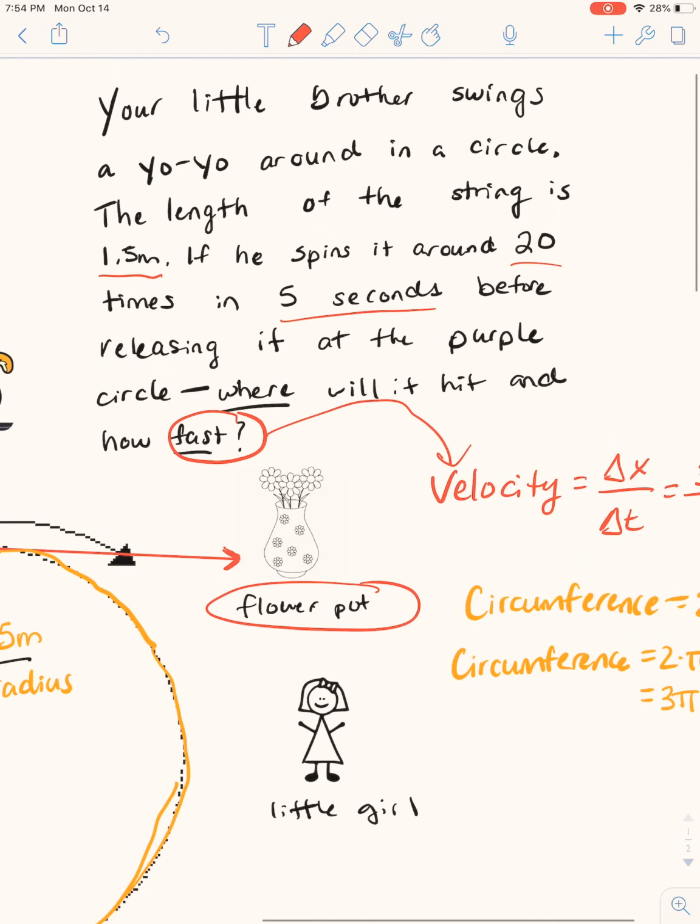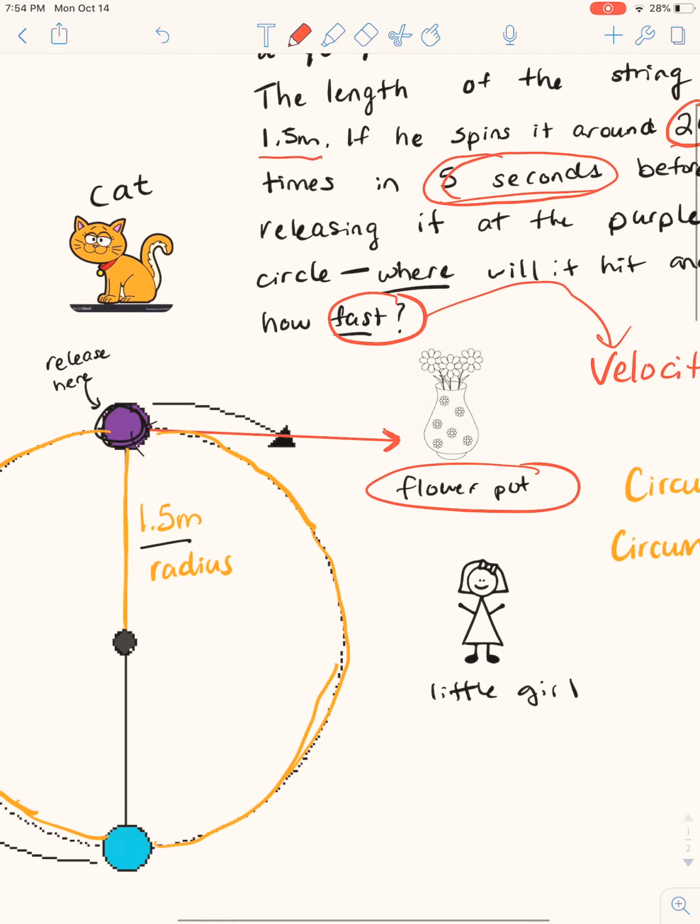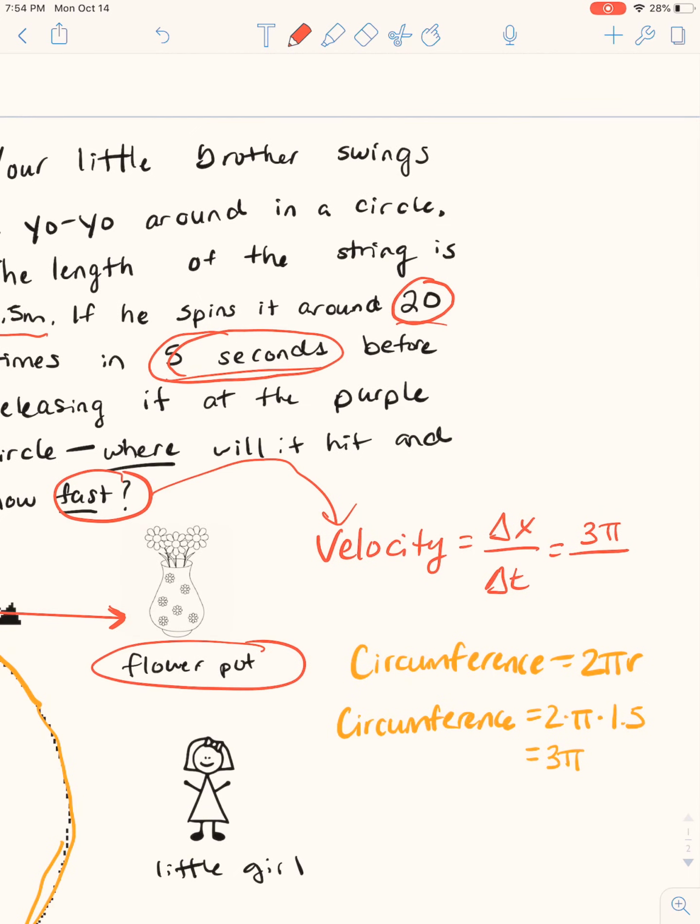But how much time does it take to do that? Well, we know that it spins around 20 times in 5 seconds. So how many seconds does it take to spin around 1 time?